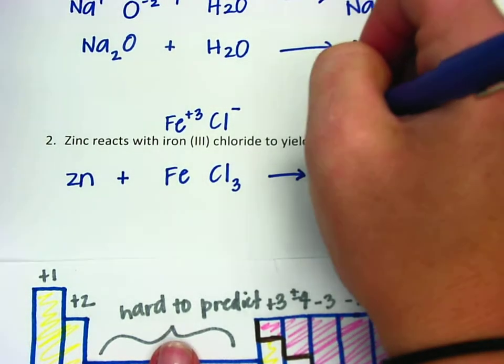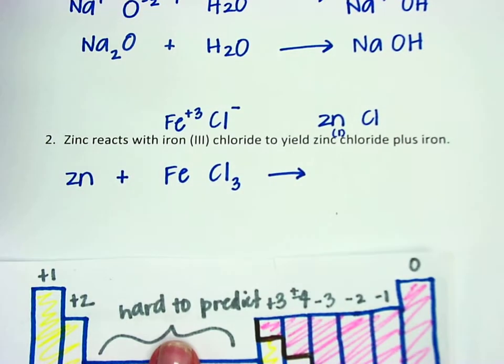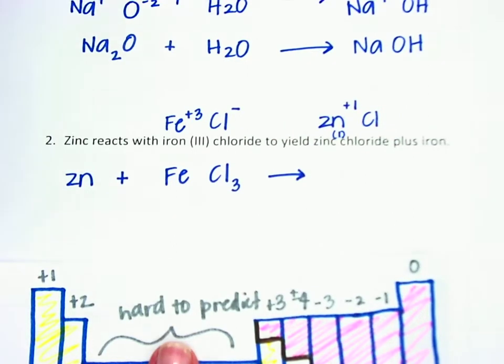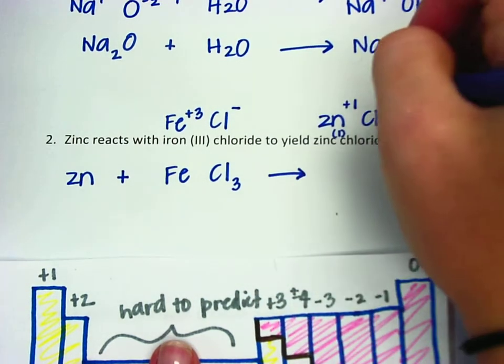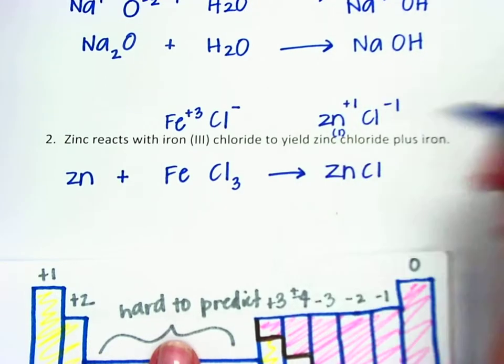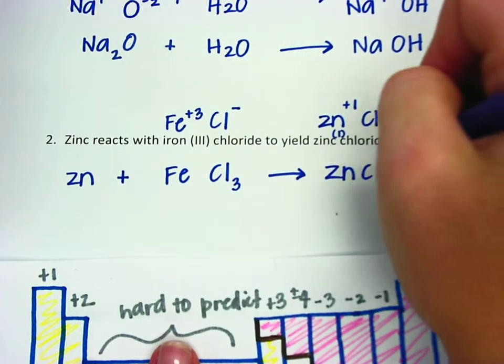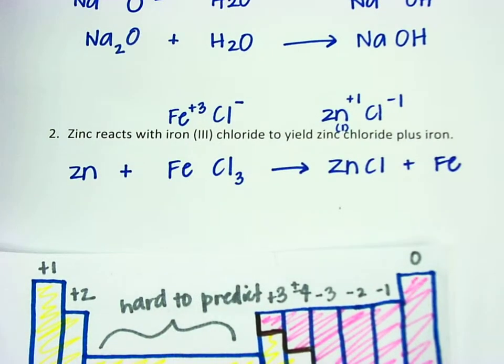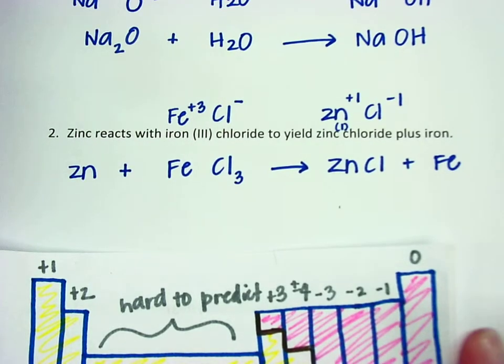So it would actually say like zinc 1 chloride in there, which means the charge on zinc would be +1. Chlorine's always -1, so I will crisscross: ZnCl plus iron. Any element by itself is just itself, unless it is diatomic. And iron is not. So that's all you have to write for that one. And then we would go back and balance.